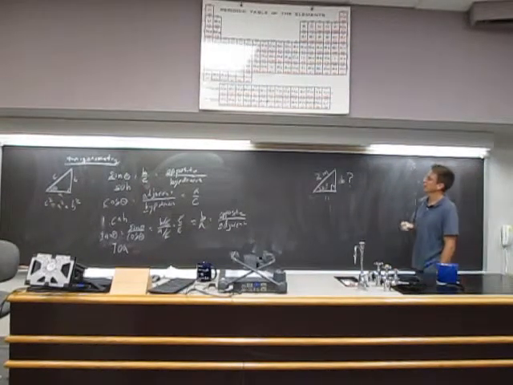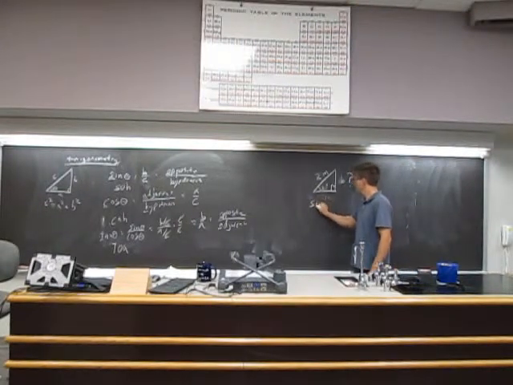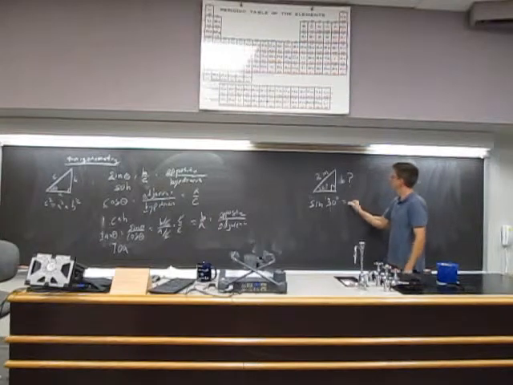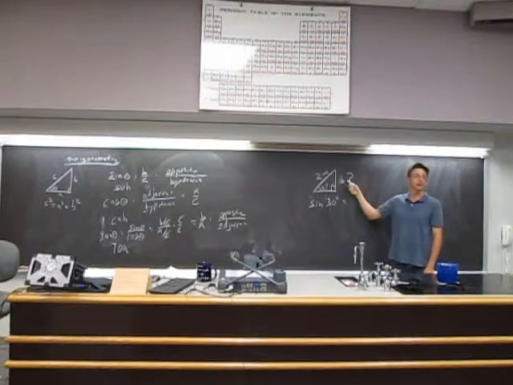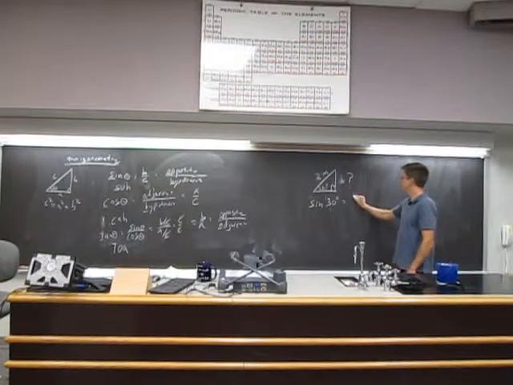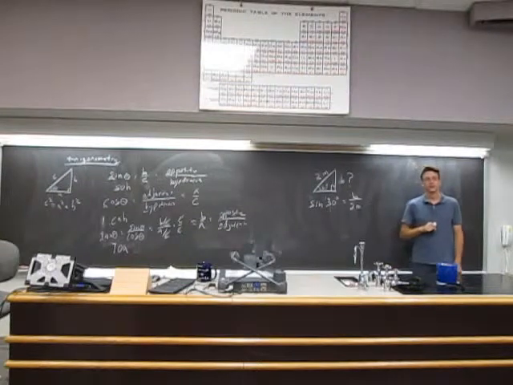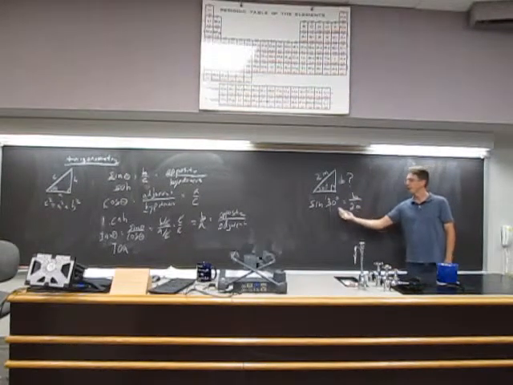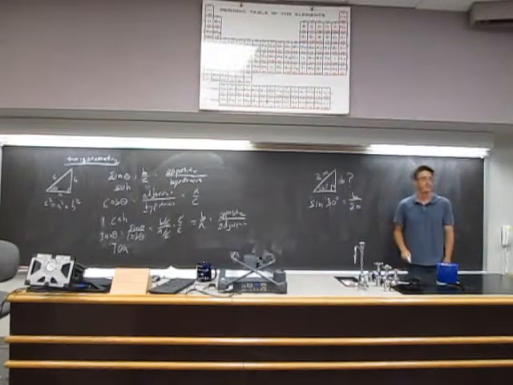Well, what I can see is that the sine of this angle, 30 degrees, will be equal to the opposite side over the hypotenuse. So that would be B over 2 meters. So if I wanted to solve for what B is, I'll multiply both sides by 2 meters.